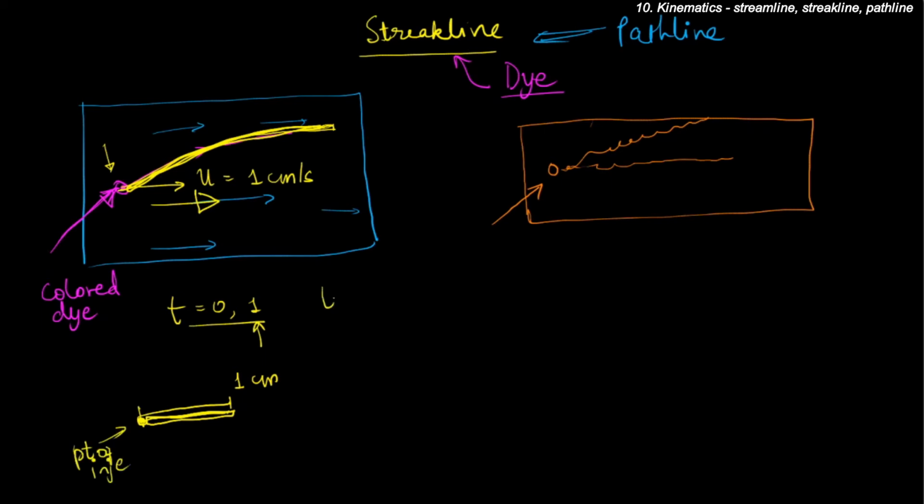Let's say that from t equal to 1 to t equal to 3 seconds, there is a velocity in the y direction. In that case, this dye will start moving upwards, but at the same time there is new dye continuously being injected at this point, so there will be a tail like this also. This is how the dye would look at t equal to 3 seconds.